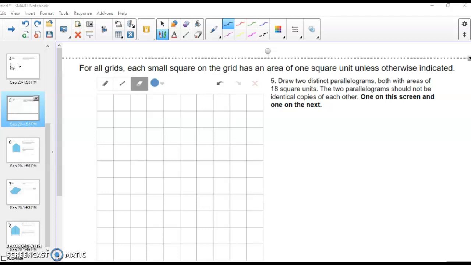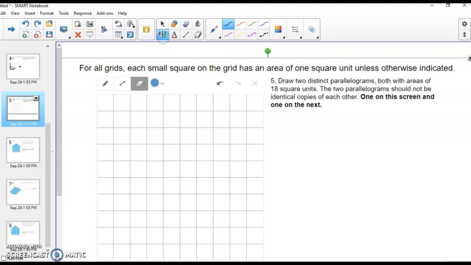Question 5 says to draw two distinct parallelograms, both with areas of 18 square units. Two parallelograms should not be identical copies of each other. One on this screen and one on the next. We're going to do them both here. So the best way to do this one is to figure out what factors we can multiply by to get 18.